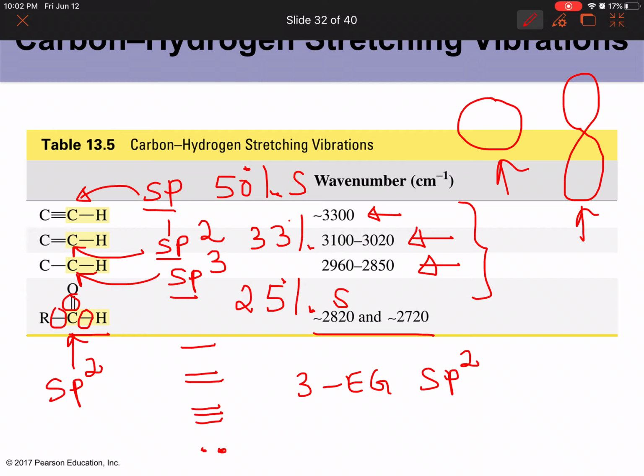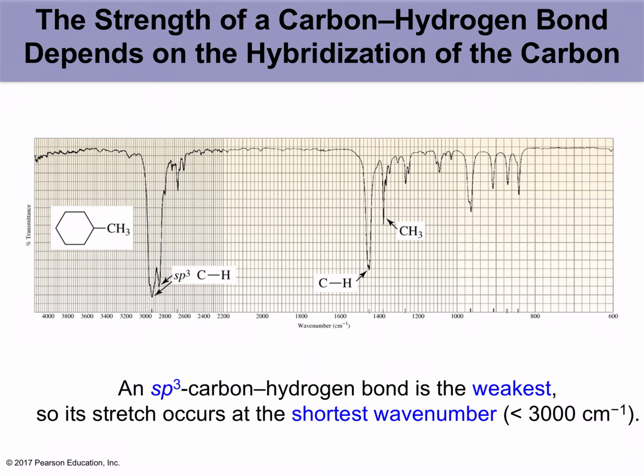The strength of a carbon-hydrogen bond depends on the hybridization of the carbon. You can see here, this is methylcyclohexane. These three hydrogens we are looking at, and the other hydrogens also, are connected to a carbon which is sp3. All of these carbons, in fact, are sp3, so they stretch at a frequency less than 3000.